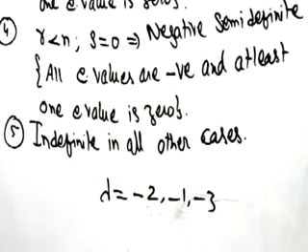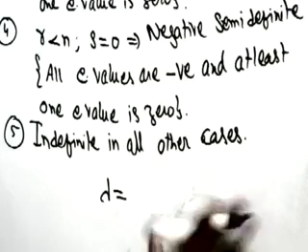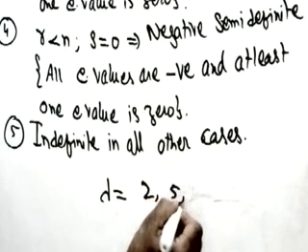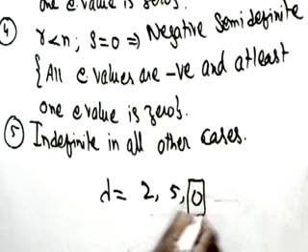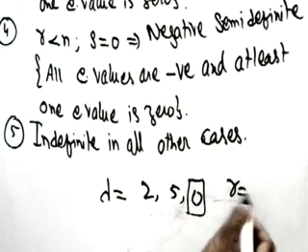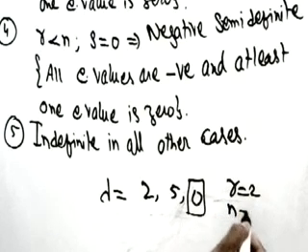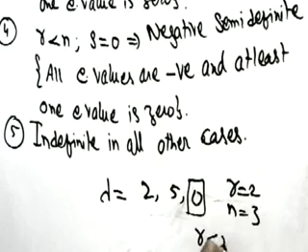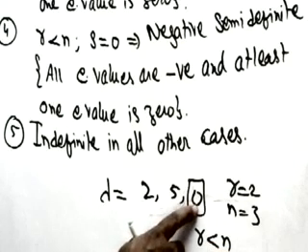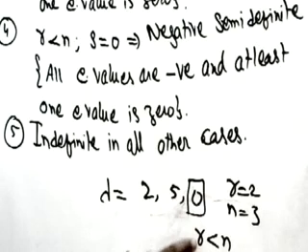Suppose we have 3 variables, but one of the lambda values is 0, suppose 2, 5, 0. Since we got a 0 lambda, the rank is only 2, whereas the number of variables is 3. So we can write r is less than n. If at least one value is 0, then the rank will be less than the number of variables.